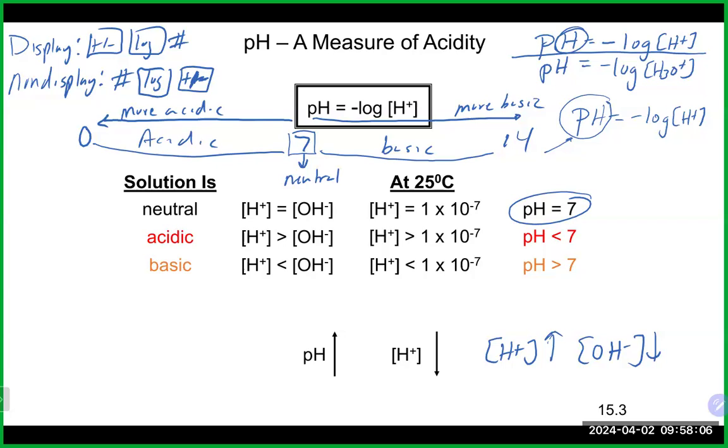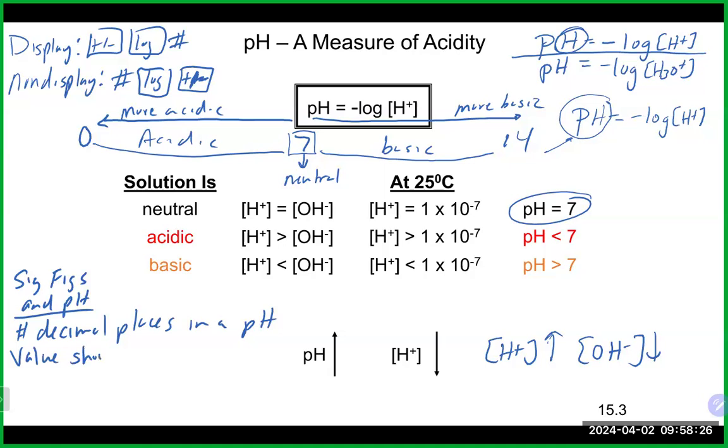Let's talk a little bit about sig figs and pH. The number of decimal places in a pH type of value should equal the number of significant figures in the concentration value.